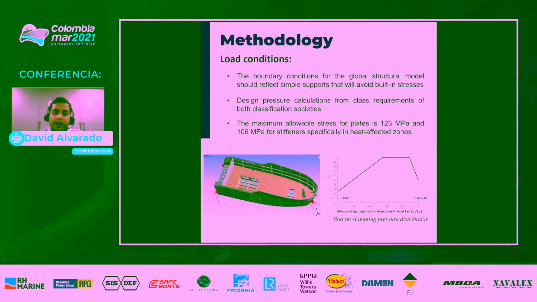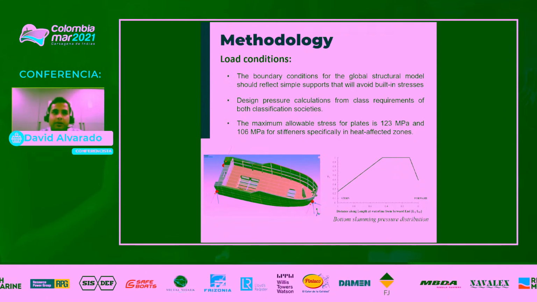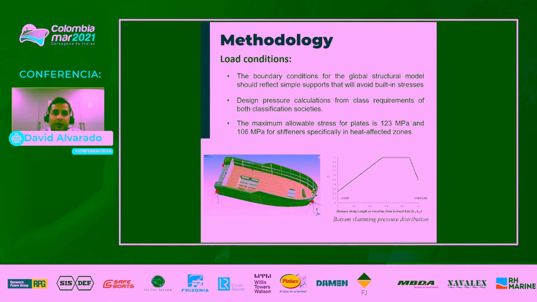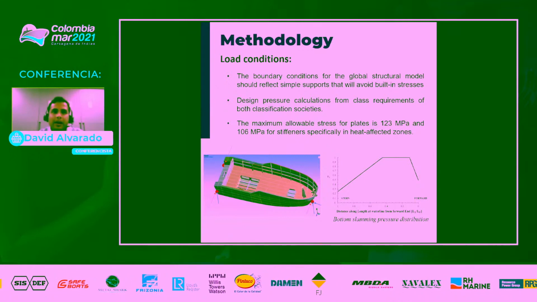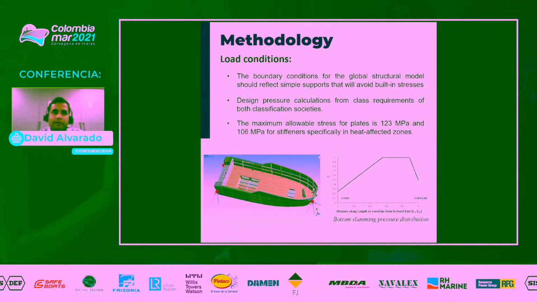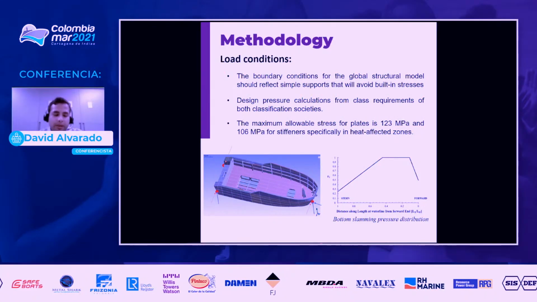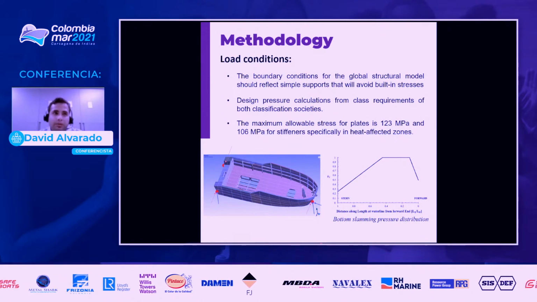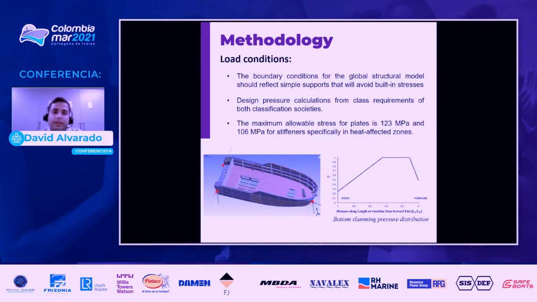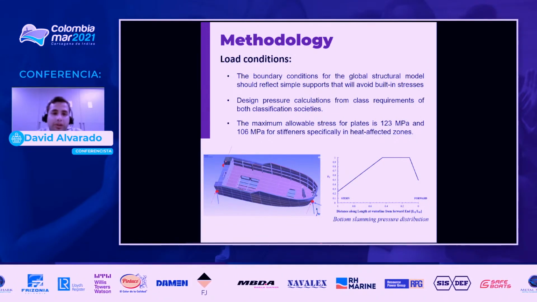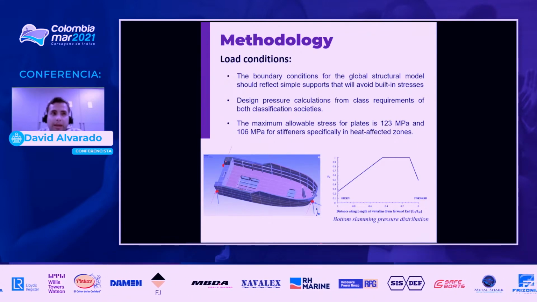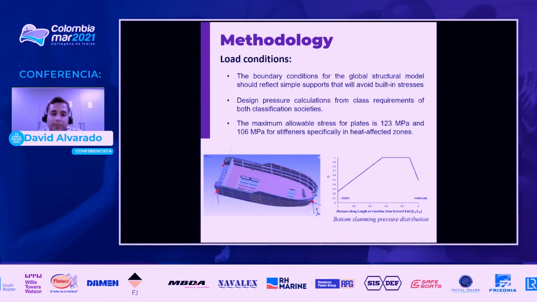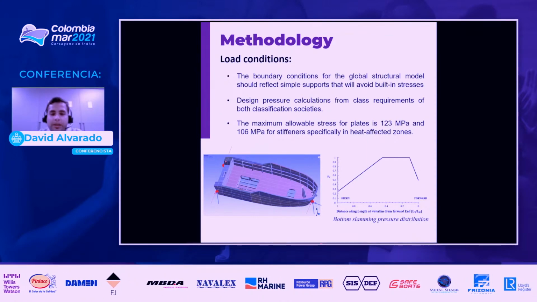As for the boundary conditions, after setting up the meshing, there is an element size of 20 millimeters after establishing the convergence, and an element size of 4 millimeters in structural details, and we establish the boundary conditions according to the NDGL and ABS classifications.